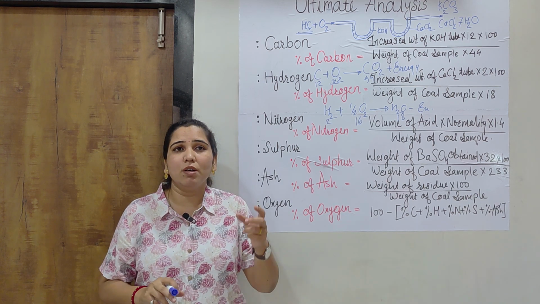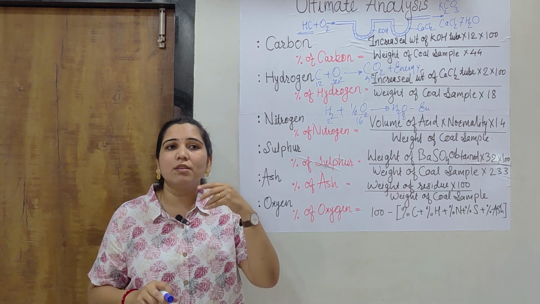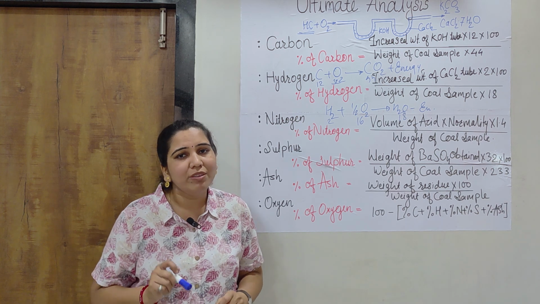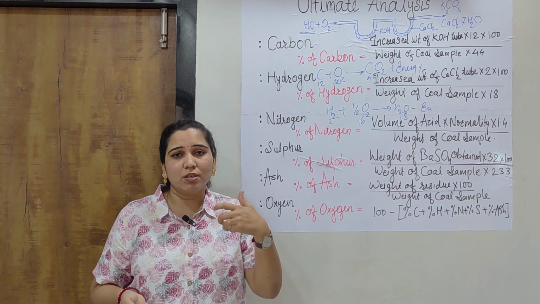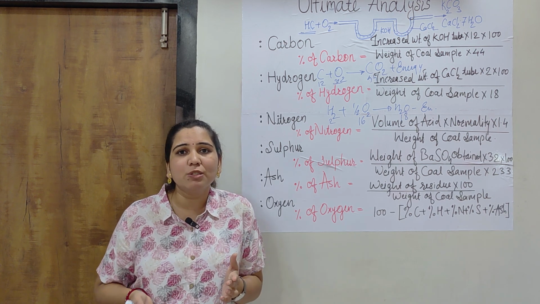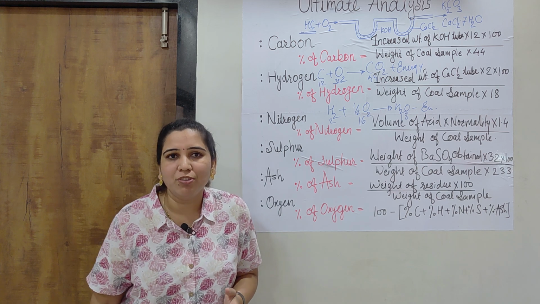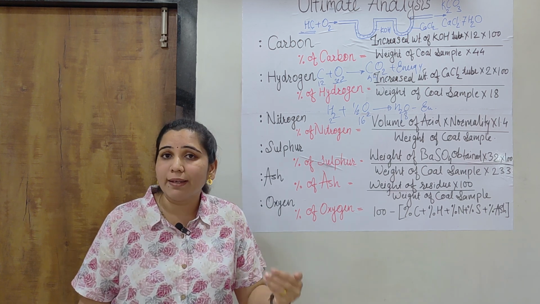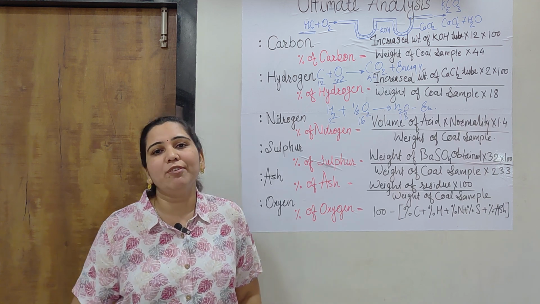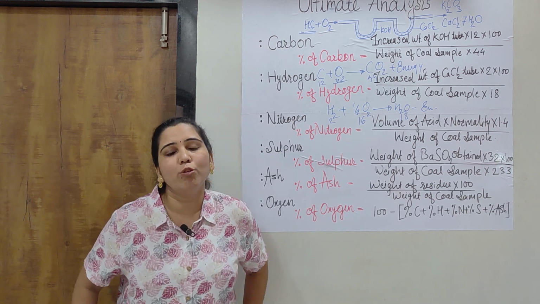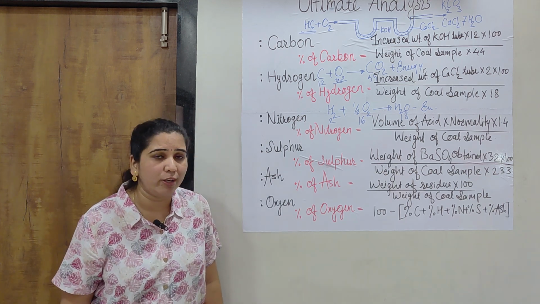So the significance of hydrogen is that, in the form of dry hydrogen, it helps give calorific value, but many times the hydrogen present has already been converted into water, and that moisture requires additional energy to get burned, and there will not remain any hydrogen. So we can write that it is not helpful for giving more calorific value or increasing the quality of coal.